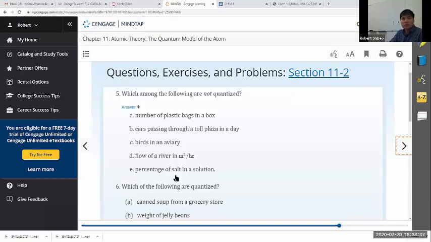Percentage of salt in a solution, that should be continuous too. You should be able to get any saltiness up to the max, 100%. It would be like humidity. You can't put an infinite amount of salt in the solution because of solubility concerns. We'll talk more about solubility in chapter 16.